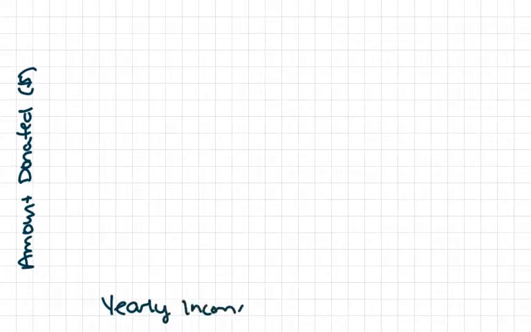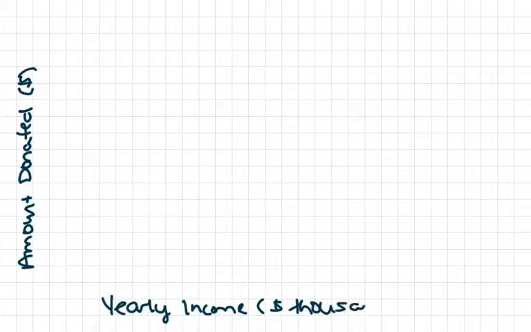So on the y-axis, you're going to have amount donated. And that's in dollars. And on the x-axis, you're going to have yearly income. And that's in thousands of dollars. On the y-axis, you can go up by 25.